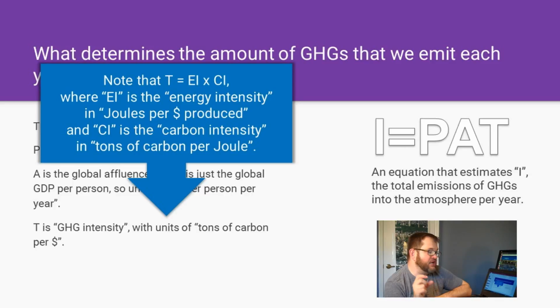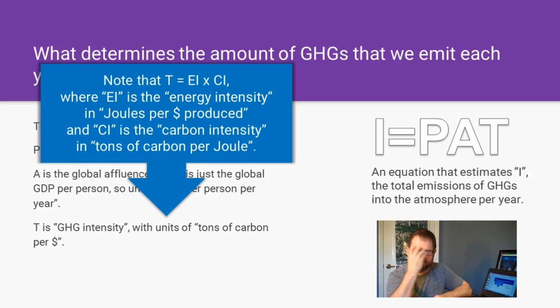Energy intensity is how many joules of energy it takes, regardless of the source, nuclear, clean, green, carbon intensive, I don't care, to produce $1 worth of goods and services. That's closer to what we actually know from statistics that come from factories and so on. Carbon intensity, CI, is the amount of tons of carbon it took to produce a joule of energy on the grid. Again, we don't care where that joule came from.